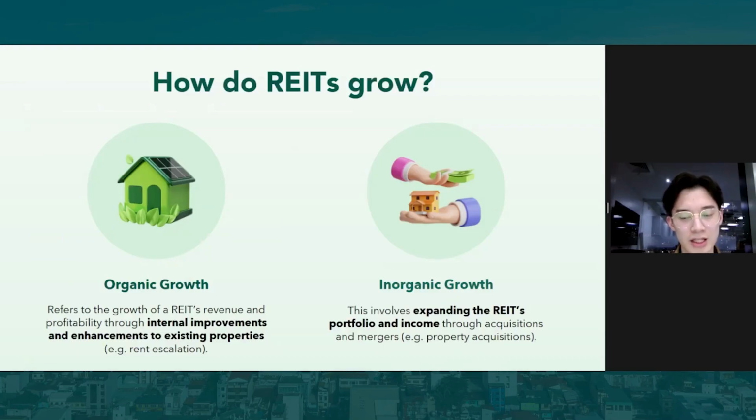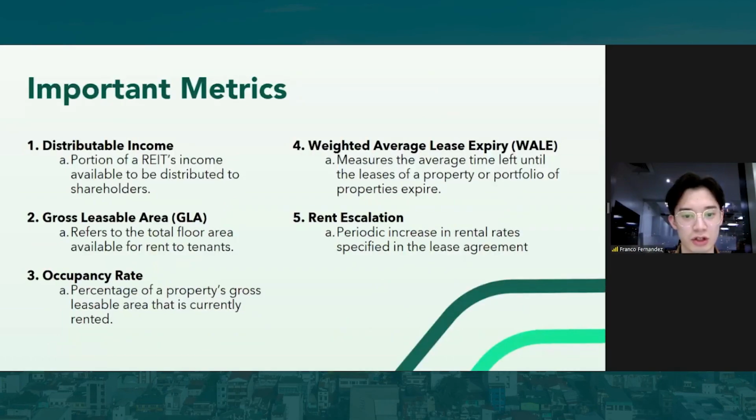Now, also in the last webinar, we covered 5 important metrics that every REIT investor should know. The first one is distributable income, which is the portion of income available to be distributed to shareholders. The second one is GLA, which refers to the total floor area or leasable space that can be rented out.